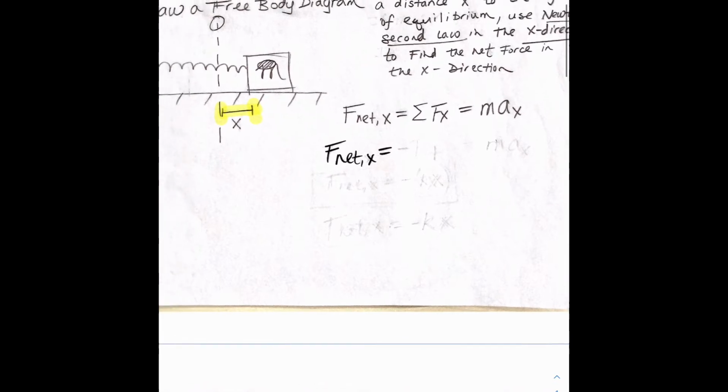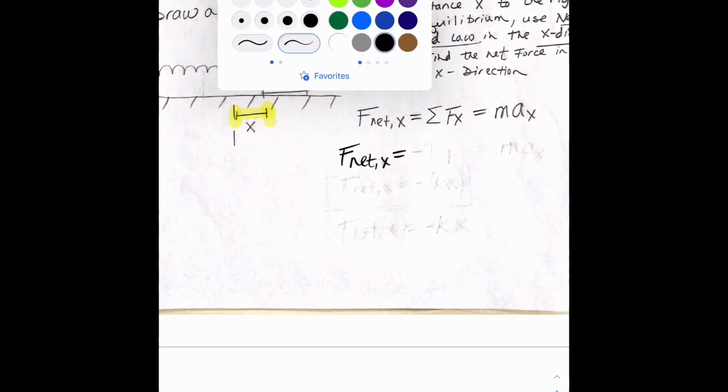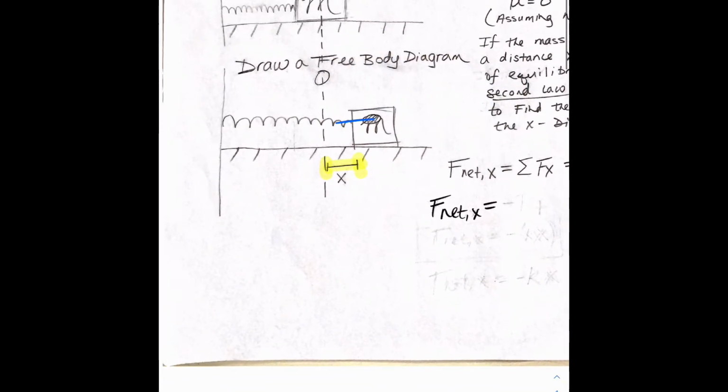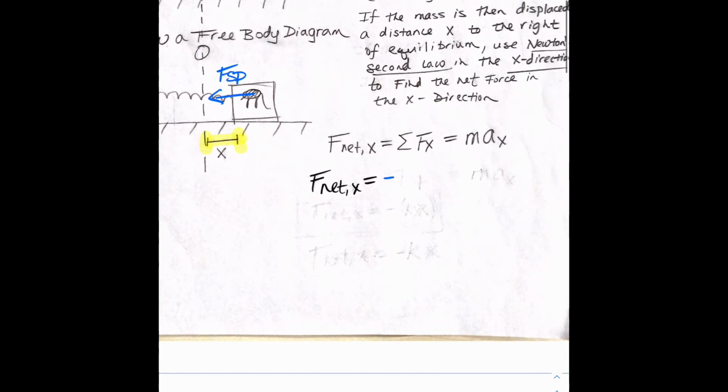But since the force spring is going to be restoring, if I go back over here, I can go ahead and add this in. Let me pick blue here and say that the force spring points just like this. And notice it points towards equilibrium. So since it's negative, we'll call that negative force spring, and that's equal to max.